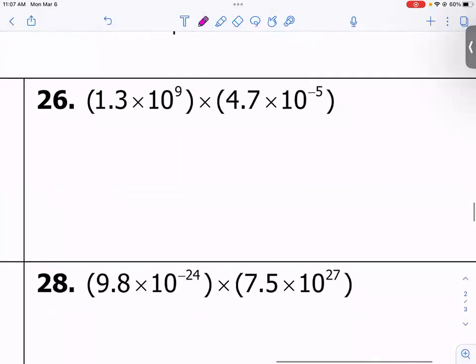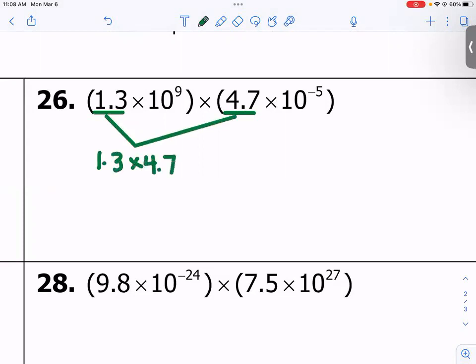All right, so let's talk about 26. Okay, so we are going to take 1.3 times 4.7. 6.11.